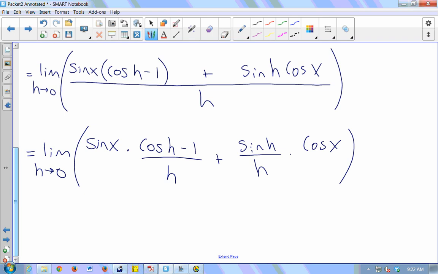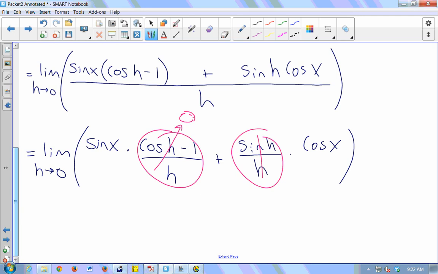And sine h over h, that limit is 1. And cosine h minus 1 over h, what is that? 0. Yep. Looked at that one earlier, and it was 0. So I end up with sine of x times 0, so this whole term just goes away, because x is not the variable that's going to 0 here, right?